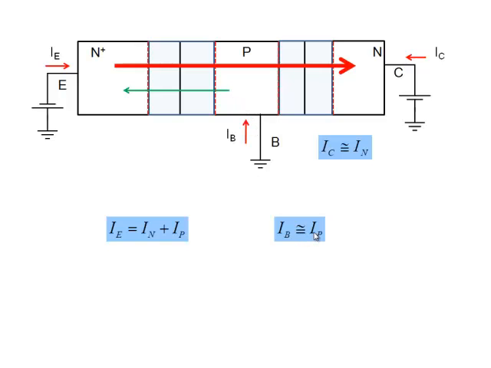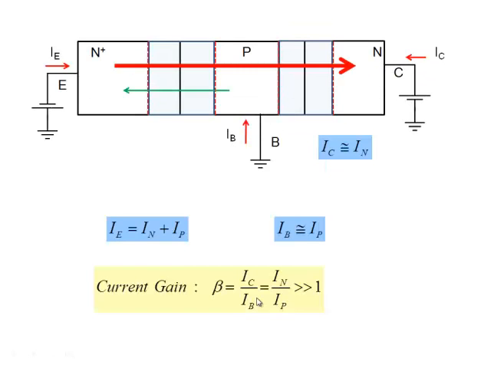And one can see that if I talk about the ratio of collector current and base current, IC by IB will be equal to IN by IP, and that is much larger than 1. We call this the current gain of the bipolar transistor. The base current is much smaller than the emitter current or the collector current. That's called the current gain of the transistor.